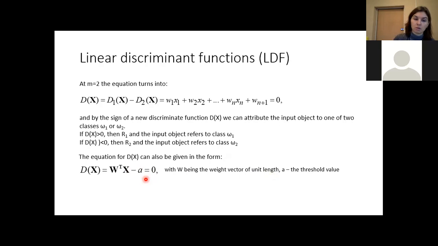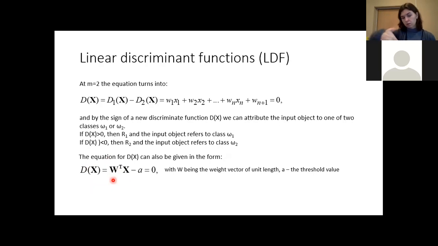But I also want to fix your attention that this form, the transposed weight vector multiplied by the object, depends on the shape of your weights and objects. As you remember, we need to multiply row by column. So in this case we have column vectors for the weights and for the object.